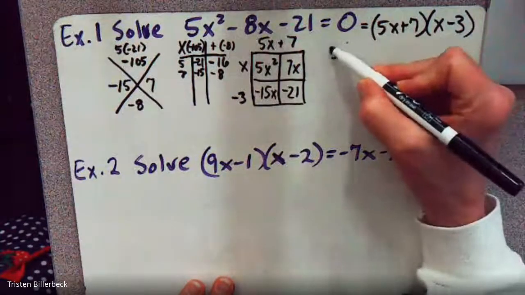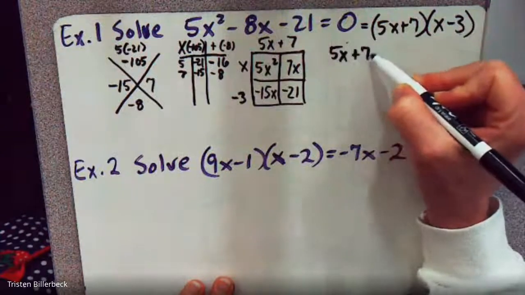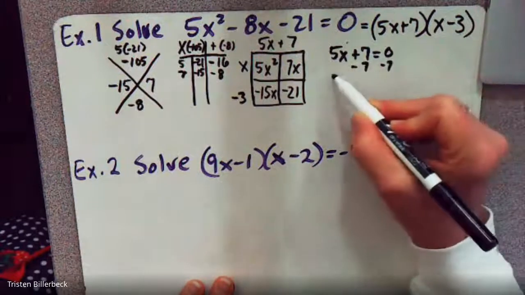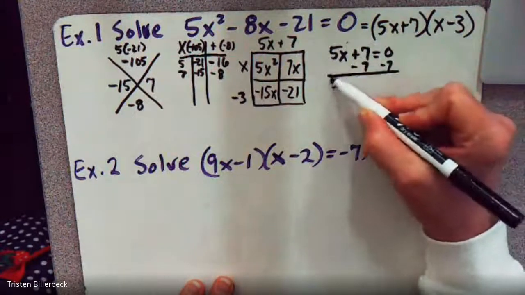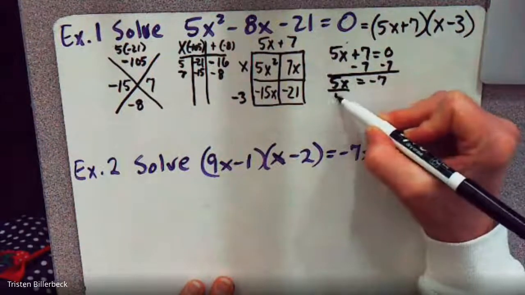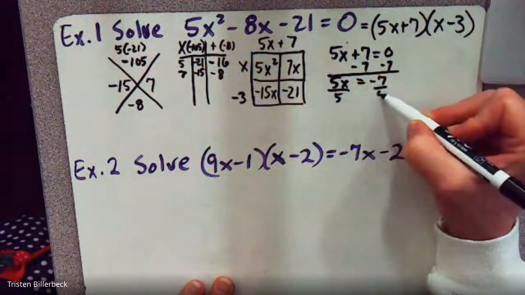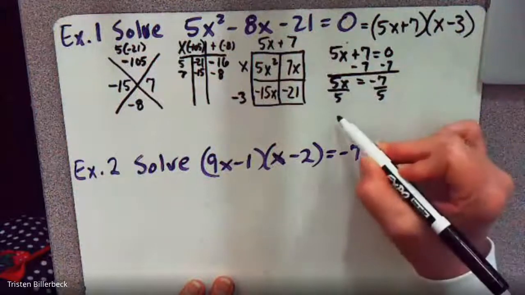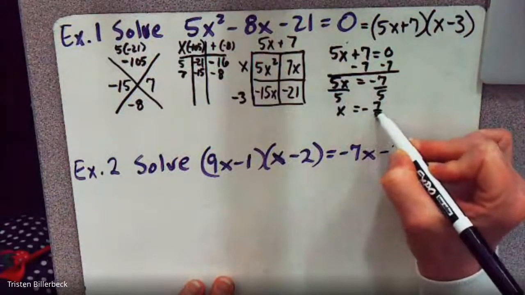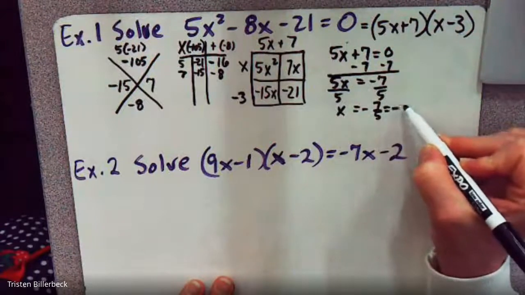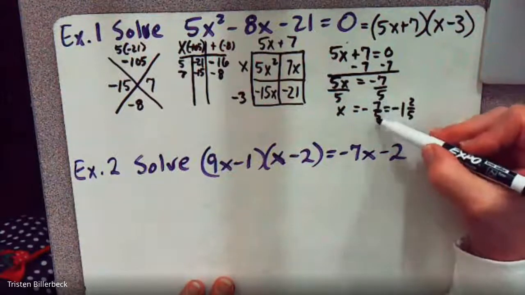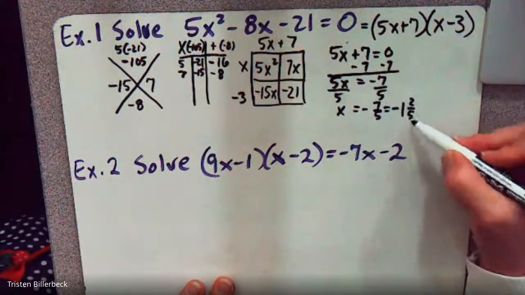So let's set 5x plus 7 to 0 using an additive inverse of negative 7. We get 5x equals negative 7. Using a multiplicative inverse of 5, divide by 5, and we get x equals -7/5, otherwise known as -1 and 2/5, because there's 1, 5, and 7 with 2 left over, so 2/5.